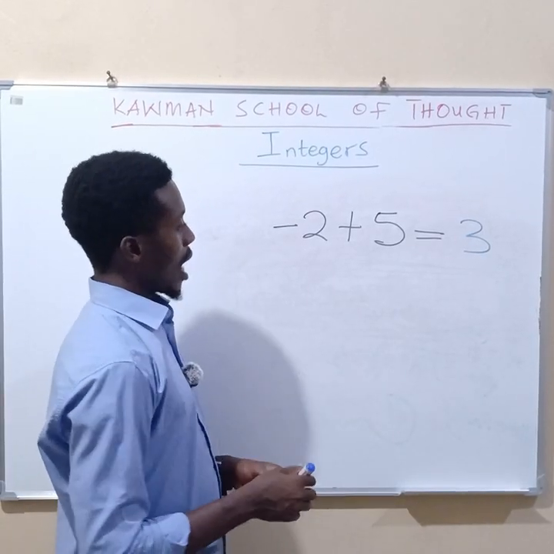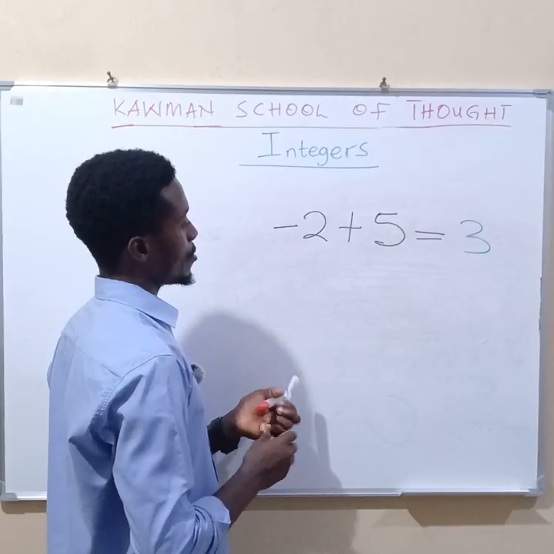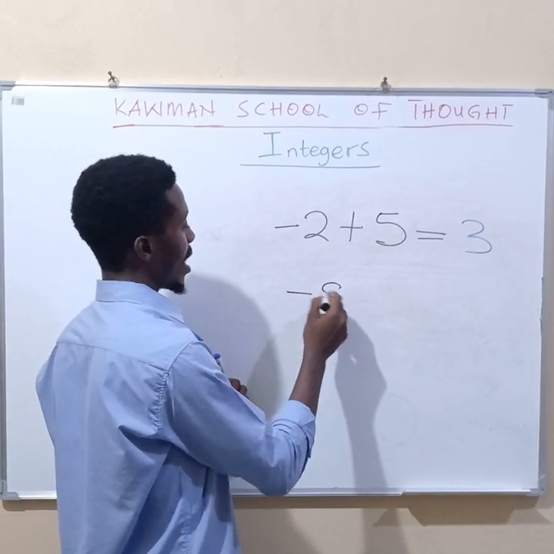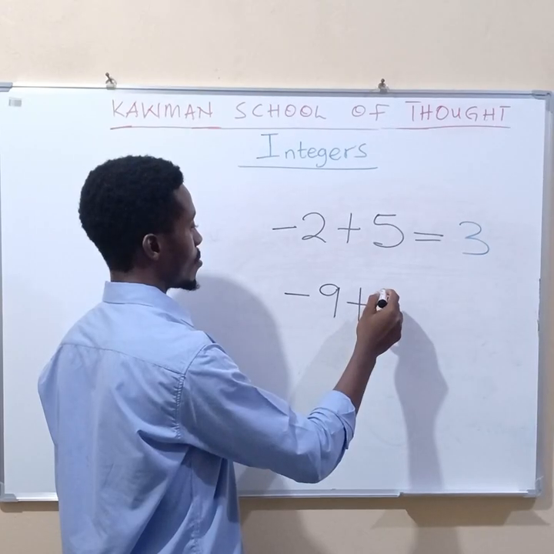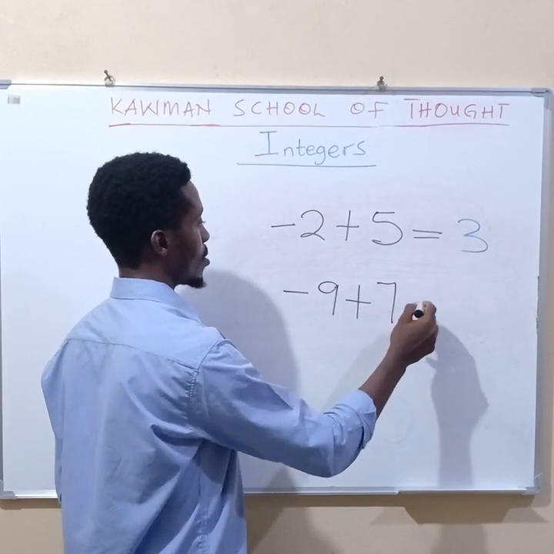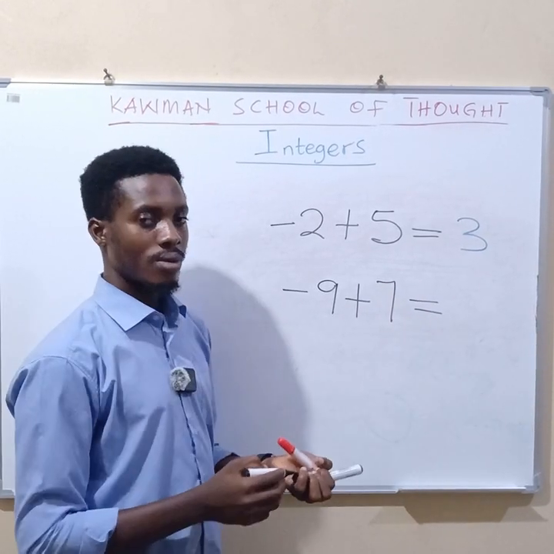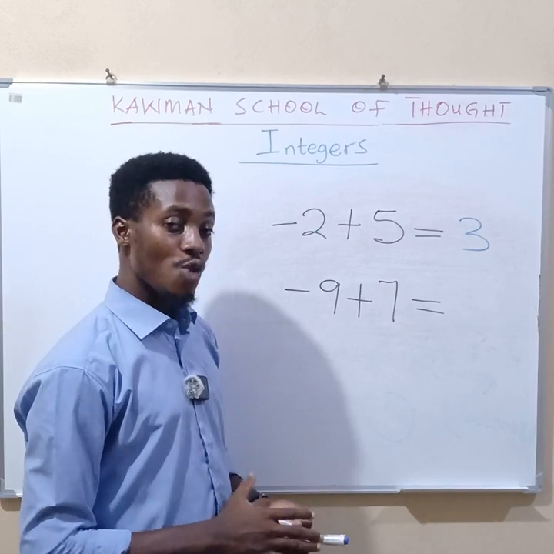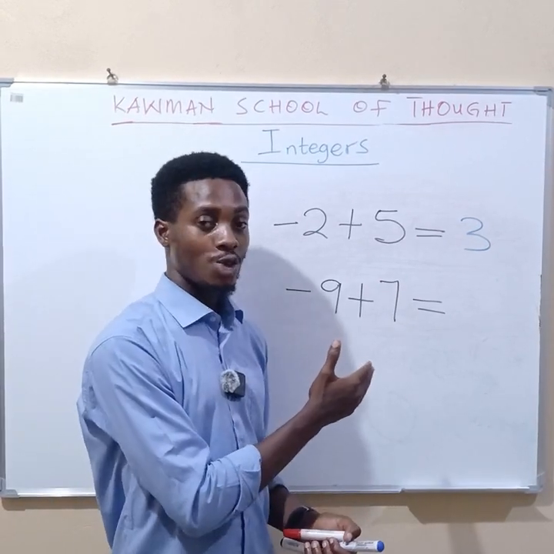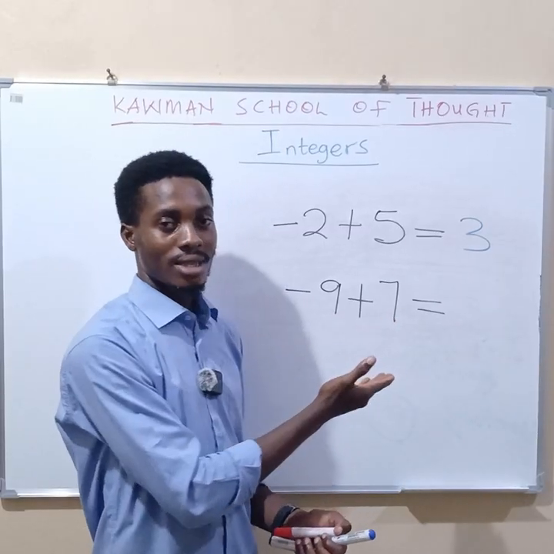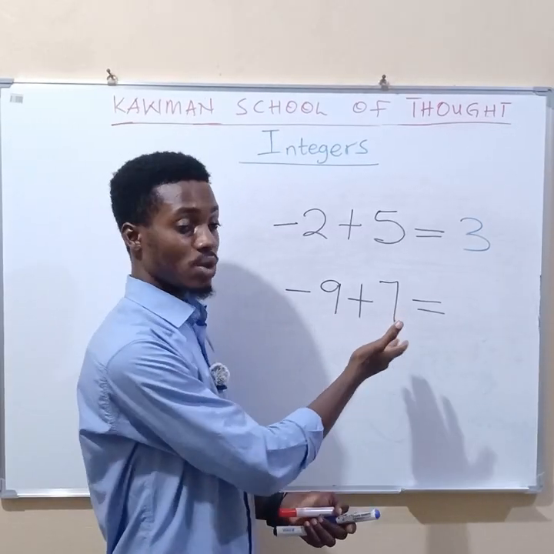Another example. Say you have -9 plus 7. This should be equal to... Now you are owing 9 cedis worth of airtime, and you go and purchase 7 cedis. Will you get the 7 cedis worth of credits?